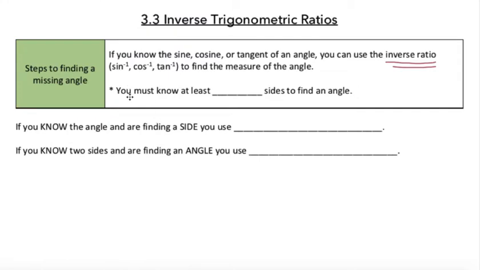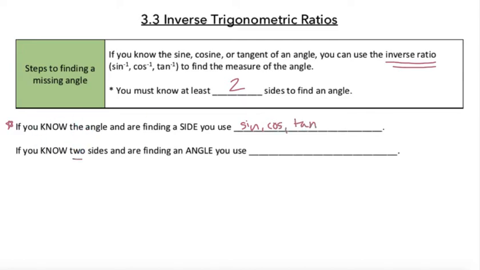And so in order to find the measure of that angle, you must know at least 2 sides here. So as long as we know 2 sides, not only can we use Pythagorean theorem or trig to find the missing side, but now if we know 2 sides, we can find a missing angle. So if we know the angle and are finding a side, we're going to use sine, cosine, and tangent like we've been using in the previous lessons.